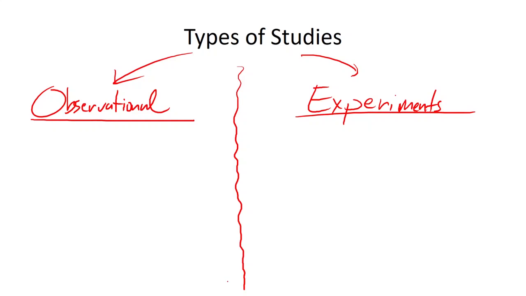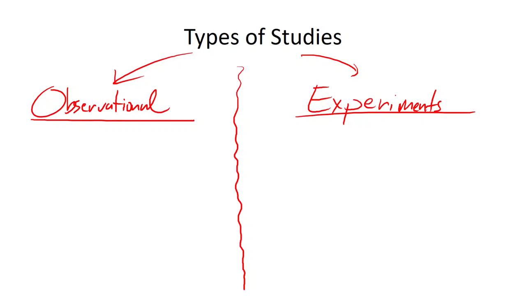Studies tend to have either an observational structure or an experimental structure. What is the key to an experiment? I mean, most of you have probably seen experiments before. We're looking for an outcome, because what are you going to do in an experiment? Yeah, you're going to actually control or manipulate things.